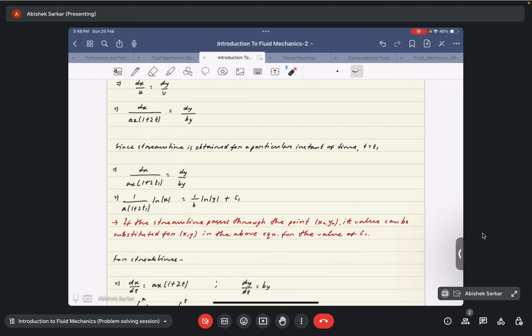This constant can be found by substituting the value of the initial position at these points, and then we can find the value of c1, right?